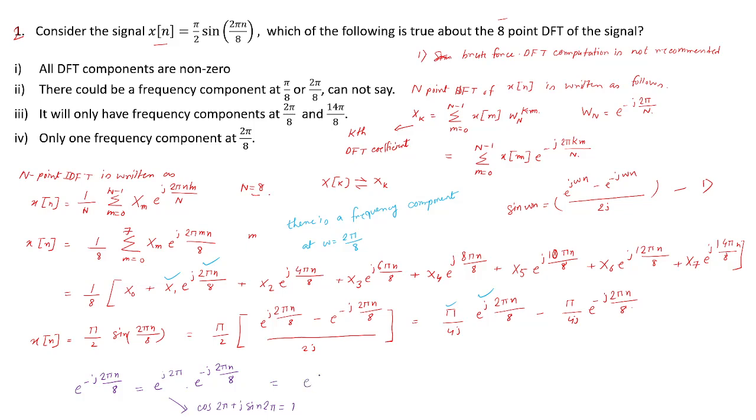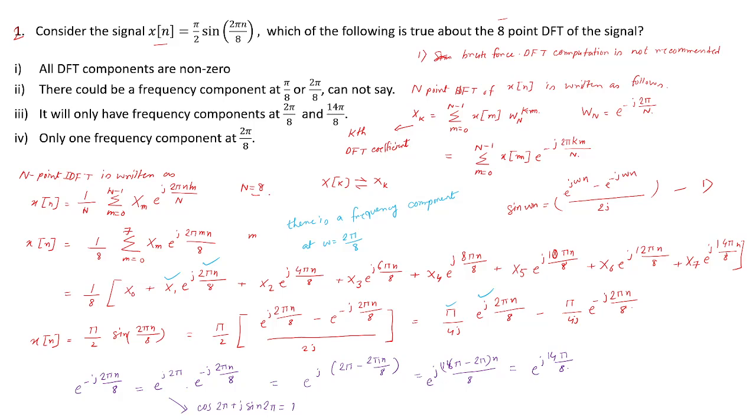When you bring it inside, it becomes e to the power j (16 pi minus 2 pi n) over 8, which is e to the power j 14 pi n over 8.